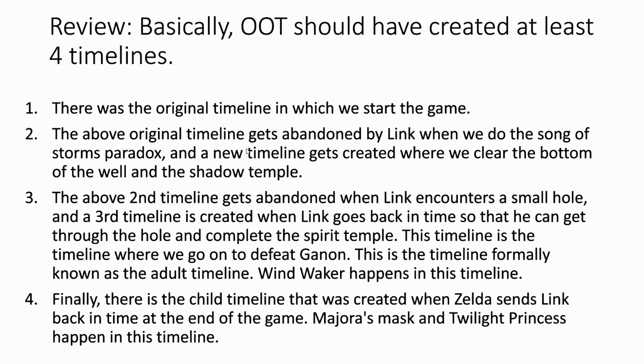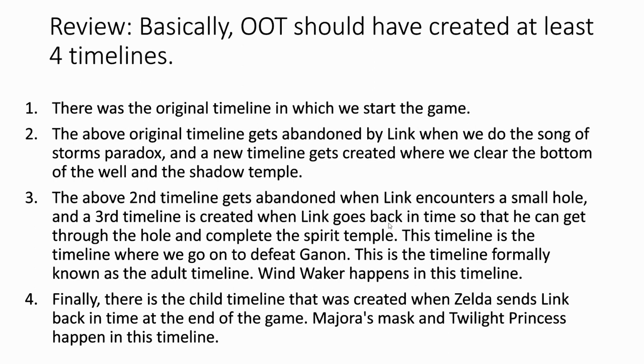And then Timeline 2 gets abandoned when you encounter that small hole and have to go back in time again to your childhood. This is when Timeline 3 is created, when Link goes back in time just so he can get through that hole in the Spirit Temple.